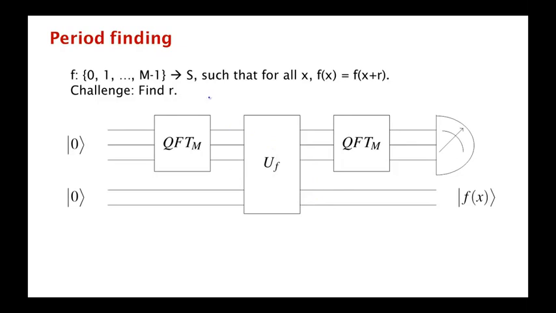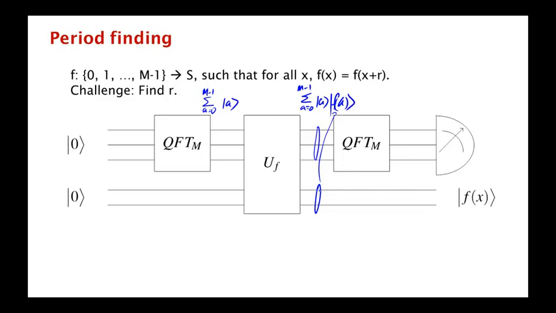So this was the sum over all a from 0 to m minus 1 of, you have a out here and 0 out here, and then after you compute f, you'll get the sum over all a equal to 0 to m minus 1, and this contains a, and this contains f of a.